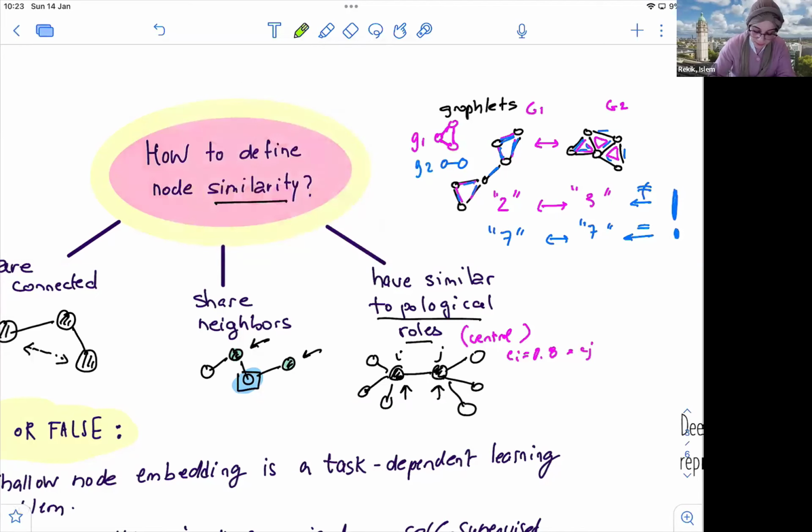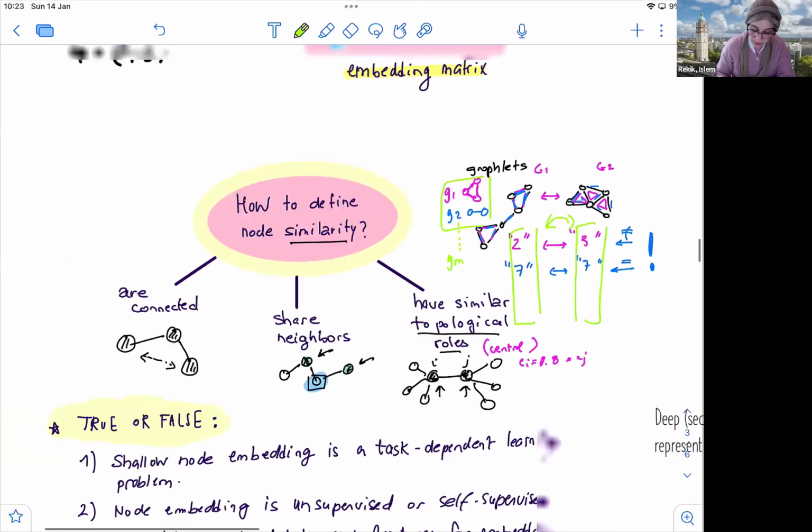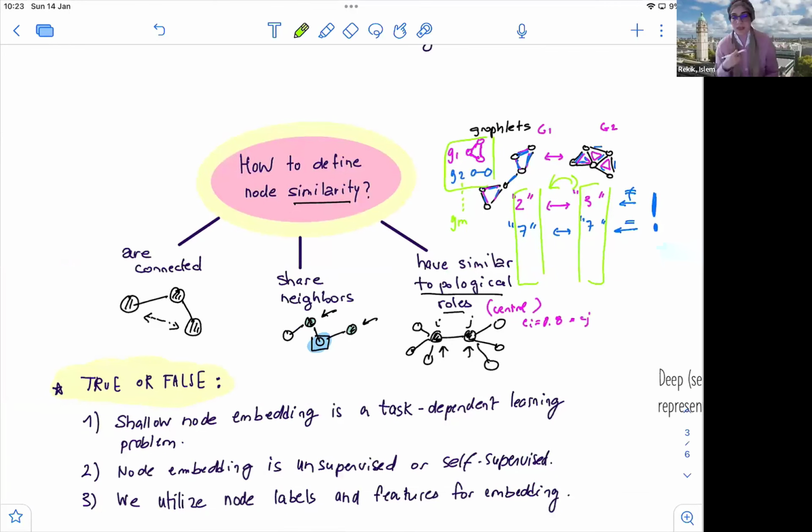Instead of having your similarity defined by a single graphlet type pattern, you define a subset of graphlets. You have M graphlets, you extract these, and you get two big vectors, and you can calculate the dot product between them. Maybe that would be a better similarity measure to define the similarity between graphs if you want to do a graph embedding.